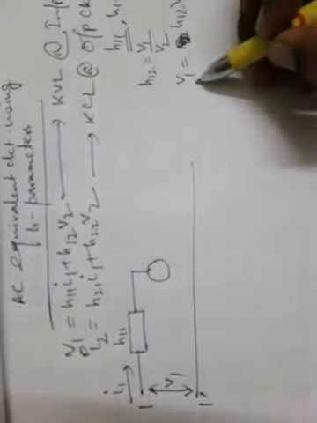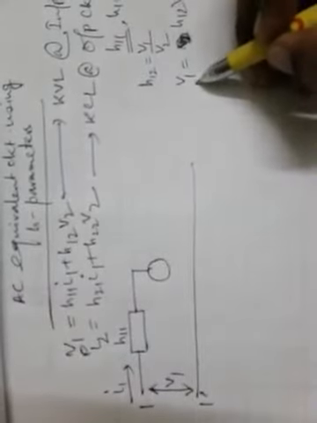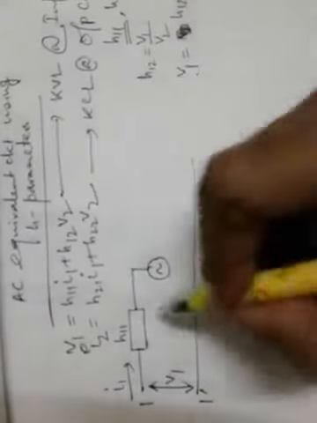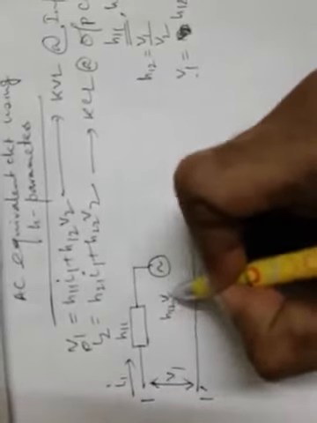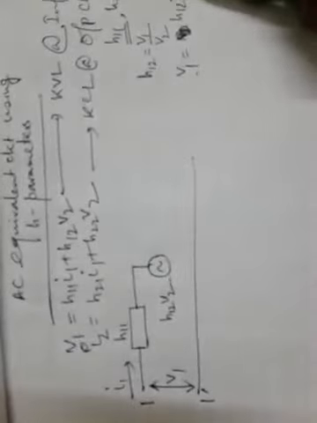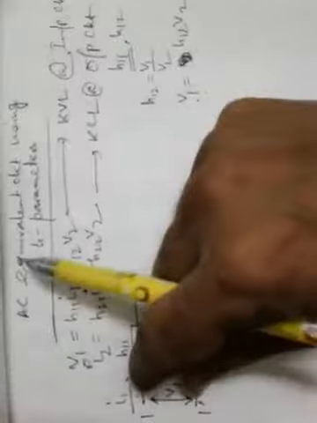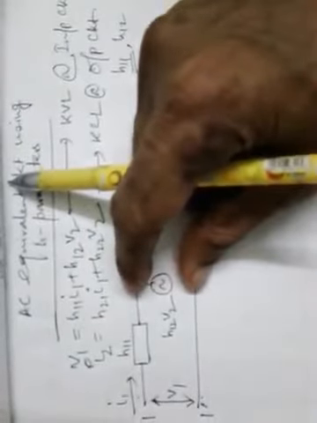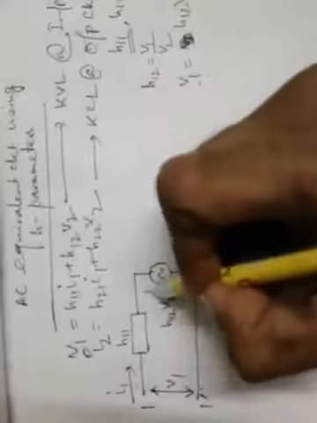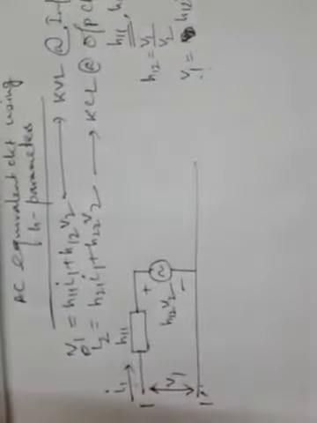V1 can be represented as an AC voltage source whose value is H12 V2. So we can write here H12 V2. This voltage source gives a value H12 V2, which is nothing but V1, across the input port between terminals 1 and 1 dashed. So this is the representation of the input circuit.